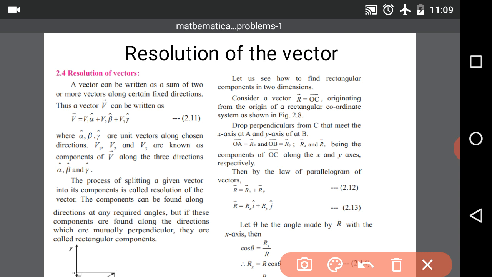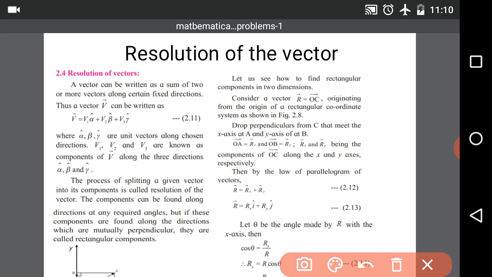So let us see here, a vector can be written as the sum of two or more vectors. Now these vectors depend upon the components: how many components you require to describe the vector, how many directions you require. That's why you can resolve such vectors into the sum of those components.